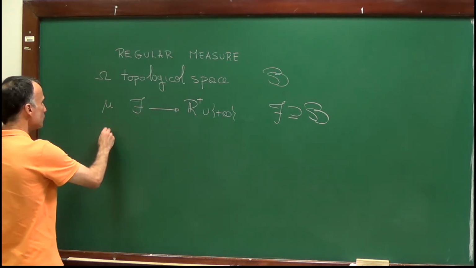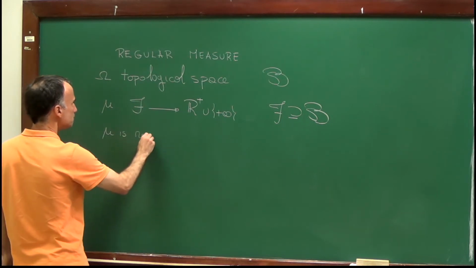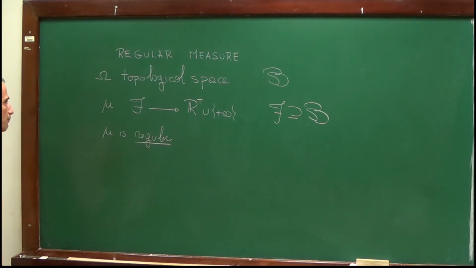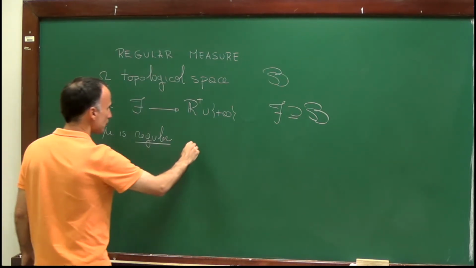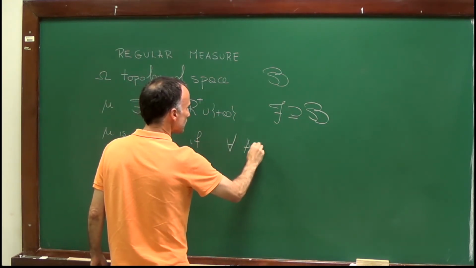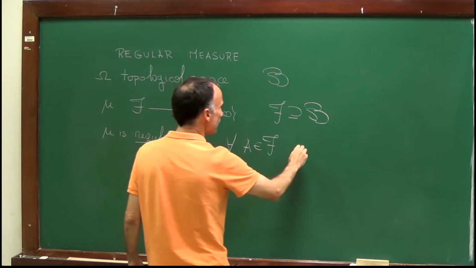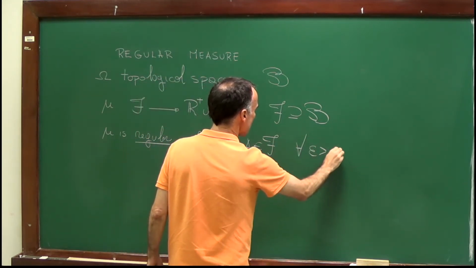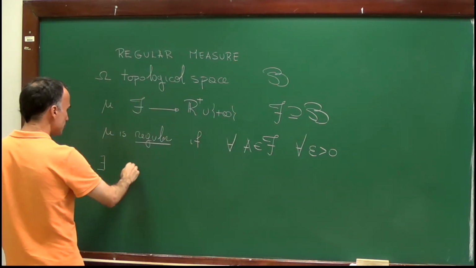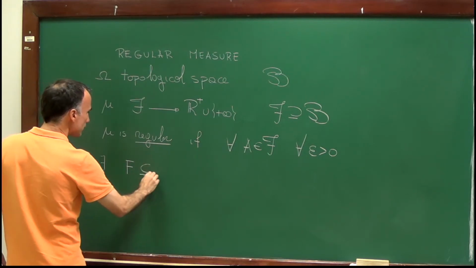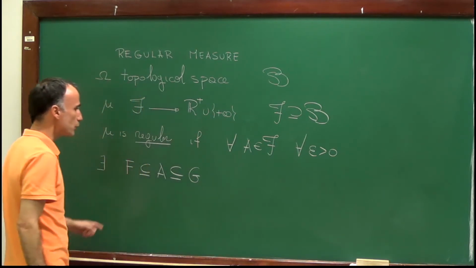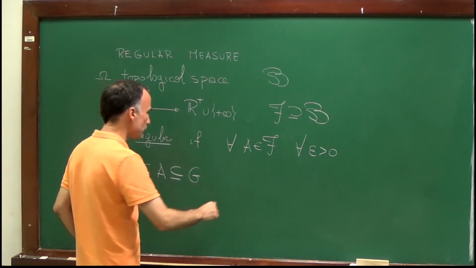I will say that mu is regular if, for any set A in the sigma algebra F and for any epsilon positive, I can find a closed set F and an open set G such that F is contained in A, which is contained in G.